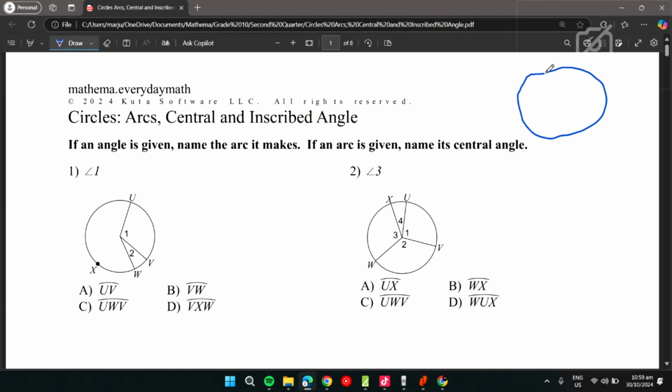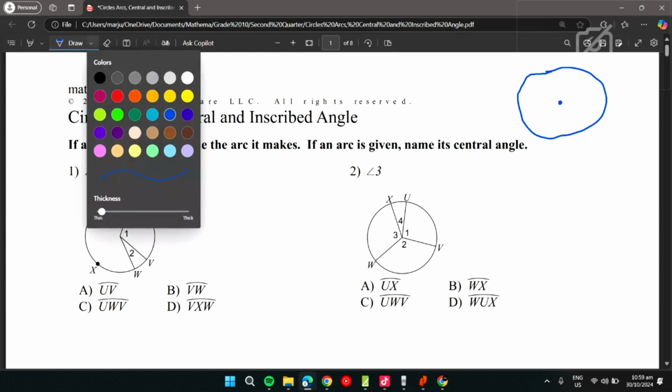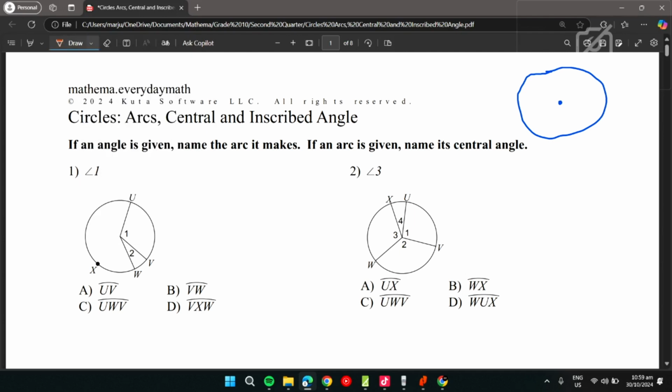If this is our circle, assuming this is a perfect circle, ito yung ating center. Alright? If meron kang 2 radius or radii dito, again, remember, yung radius is a segment na yung isang endpoint is nasa center, yung isang endpoint is nasa on the circle. Alright? And always remember ito, they're always equal or congruent.